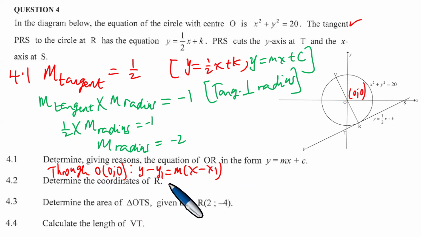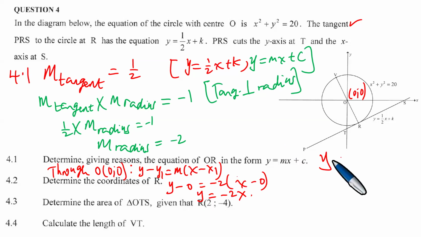The origin, so y minus 0 equals minus 2 into x minus 0, which means y is minus 2x. So the equation of OR in that form is actually as given, just minus 2x.